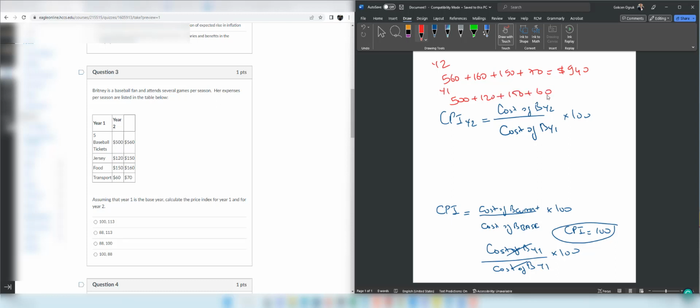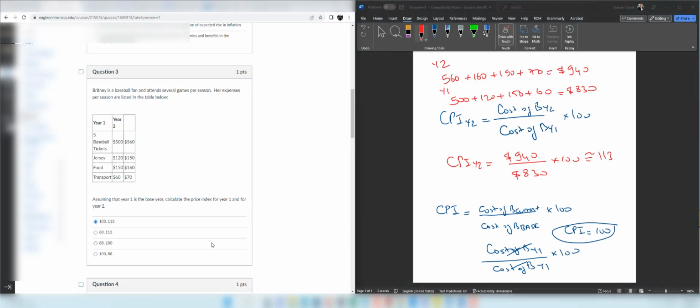That is equal to $830. Now I can calculate the CPI for year 2, which is 940, the current year cost of basket, divided by the base year, times 100. That is close to 113. So we find the right answer. 100 is for the base year, year 1, and 113 is year 2.